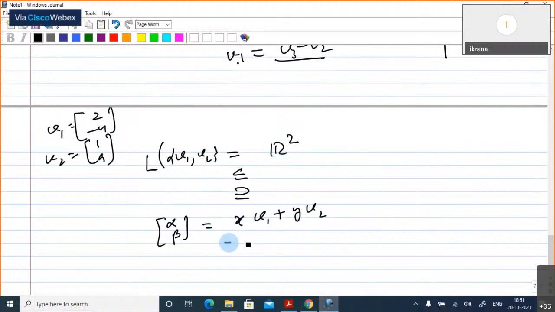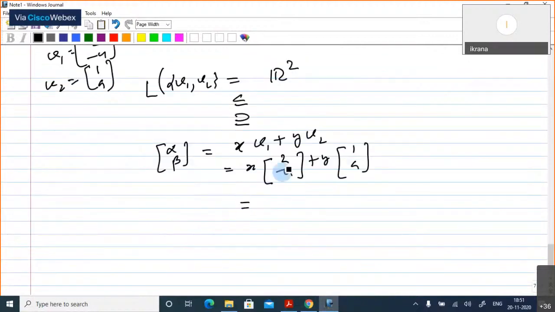But that means I have to write x times (2, -4) plus y times (1, 9). So this is 2x plus y, and this is minus 4x plus 9y.